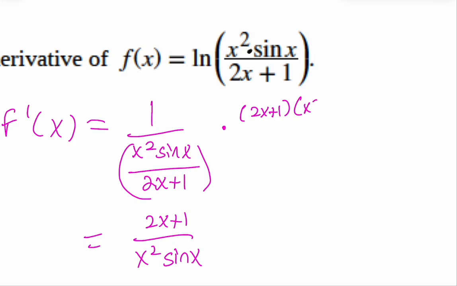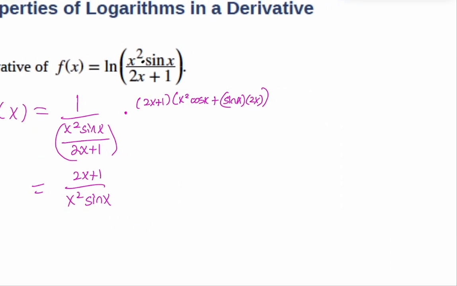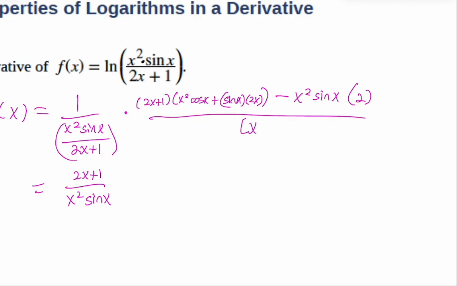So it's going to be first times the derivative of the second plus the second times the derivative of the first. So that's bottom times the derivative of the top minus top times the derivative of the bottom all over the bottom squared.